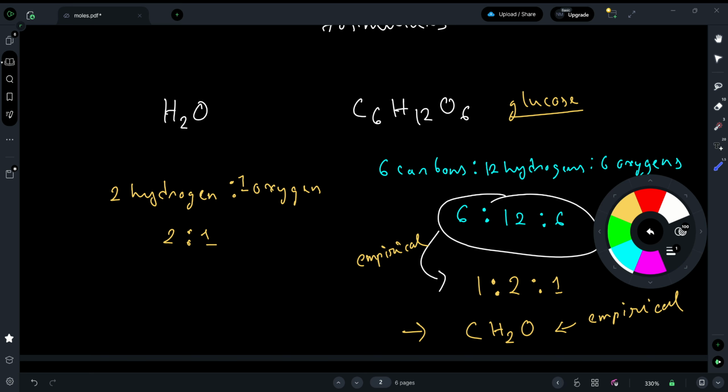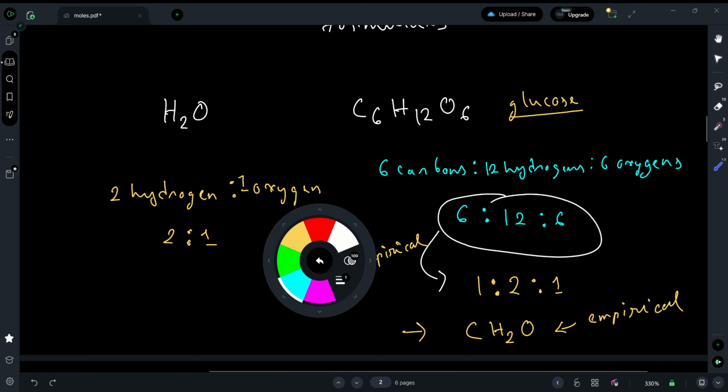Now, if you look over here at water, you see we have 2:1. You can't simplify this any further to get whole numbers. If you divided this by 2, you would get 1:half, and you can't have half in formulas. They have to be whole numbers, whether that's empirical or molecular.